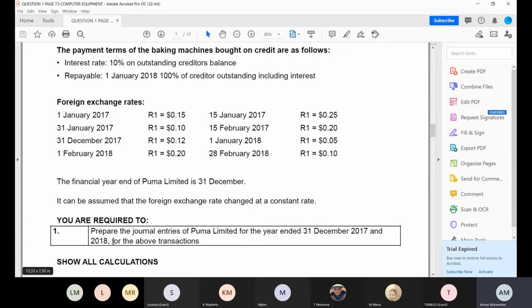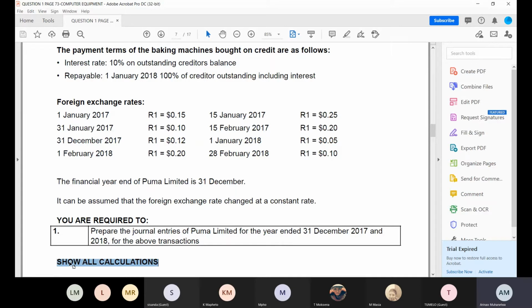So we're going to prepare the journals for the year ended 31st December 2017, as well as for the year ended 31st December 2018.